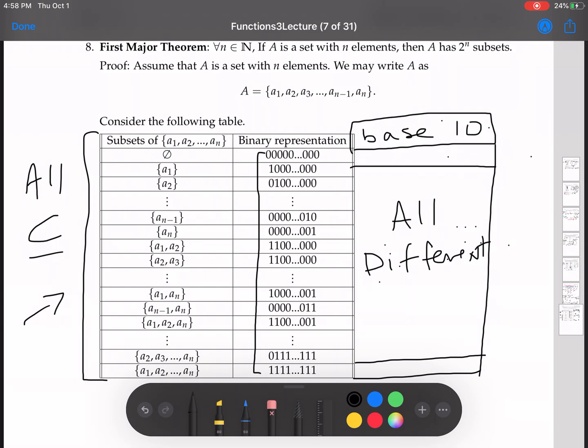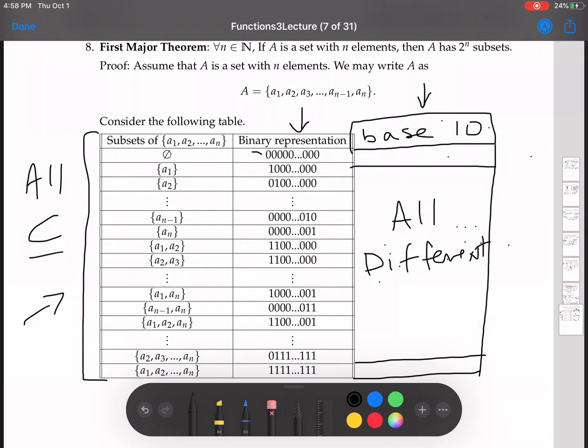Now you might say, why do they all have to be different? Well, it goes back to that idea that I talked about where these are the binary representation and the base 10 representation. Those are just ways of representing a number. They're not the actual number.